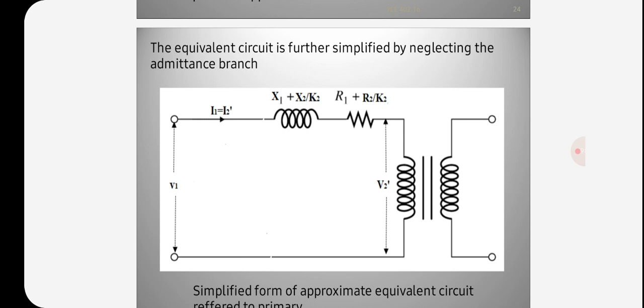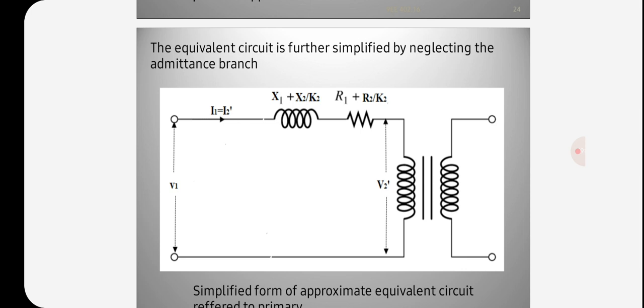So here the vector diagrams for leading power factor: when the power factor is leading, voltage regulation may become negative, because the output voltage under load condition may become even more than under no load conditions.